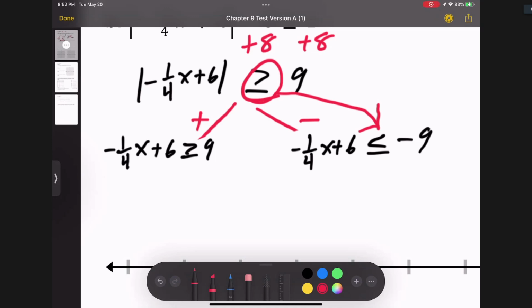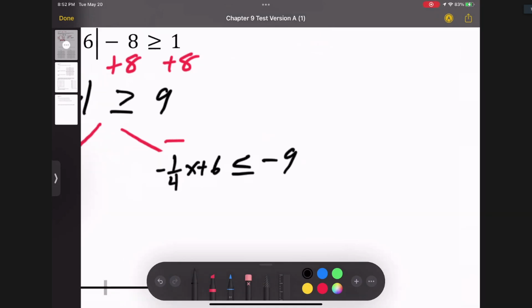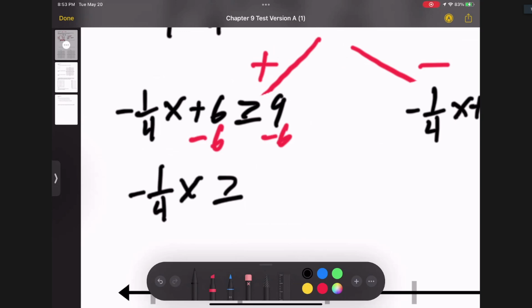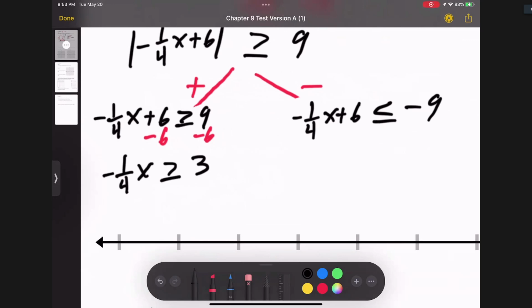So let's see, let me erase this part. Okay, now we're good. First thing, we got to get x by itself. We have that plus 6. Same operations just like the previous problem. Subtract 6 on both sides. We are going to get negative 1/4 x, and we got 3 right there. Same operations.